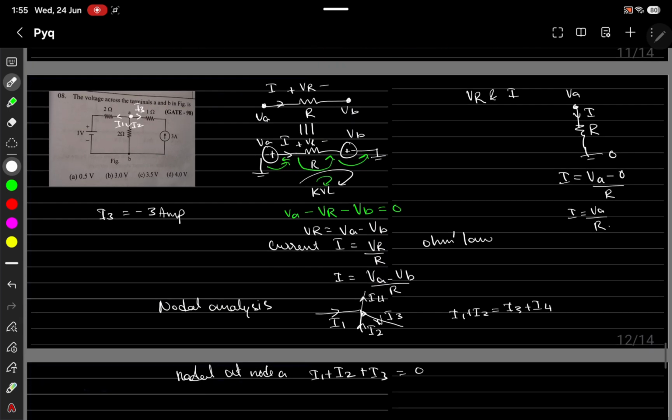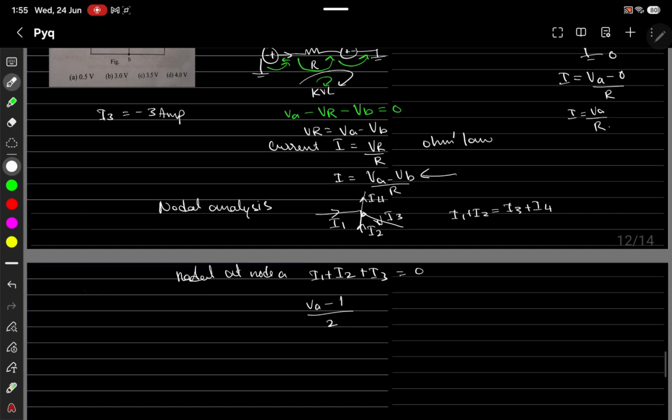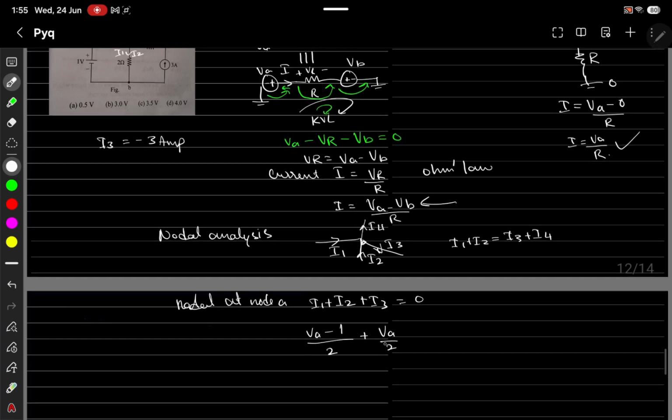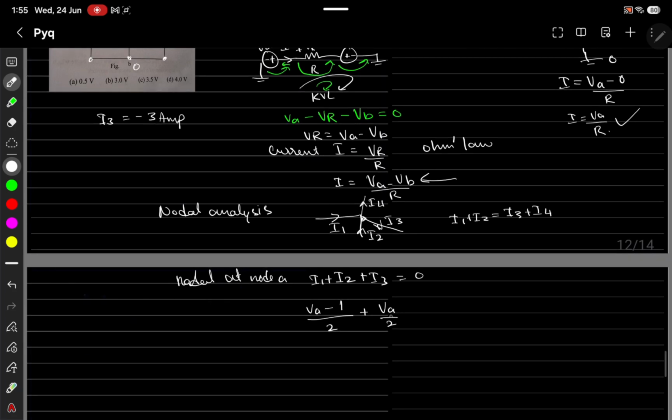I1 is equal to (VA minus 1) by 2, from this formula, plus VA by 2. We have seen this formula, that is what we have done. Since VB is at 0 volt, we have kept VA by 2, minus 3 is equal to 0.